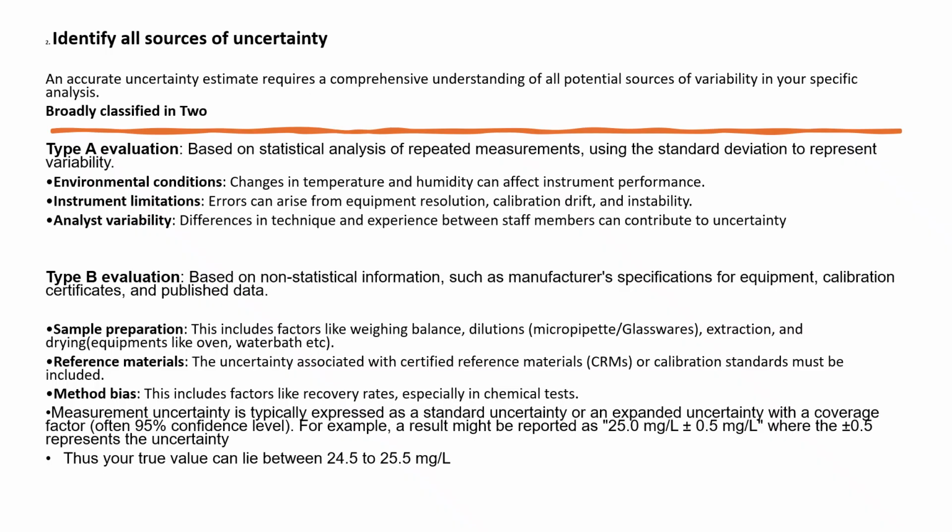So for example, a result might be reported as 25 mg per liter plus minus 0.5 mg per liter, where your true value can lie between 24.5 to 25.5 mg per liter.